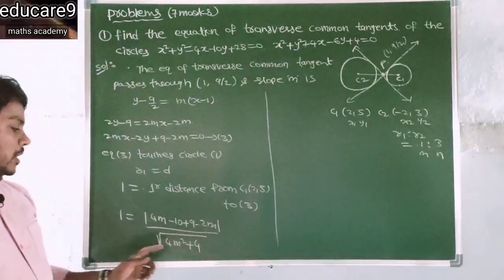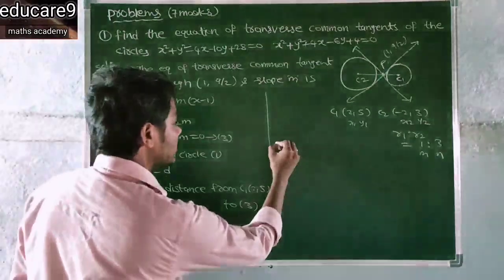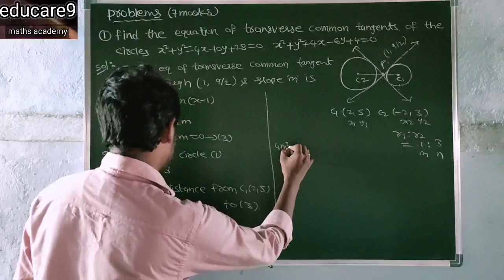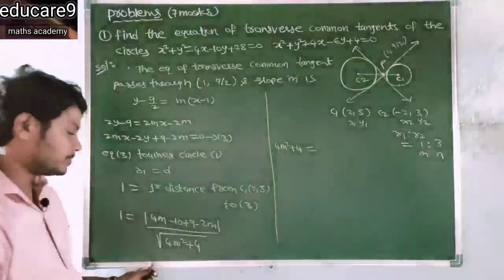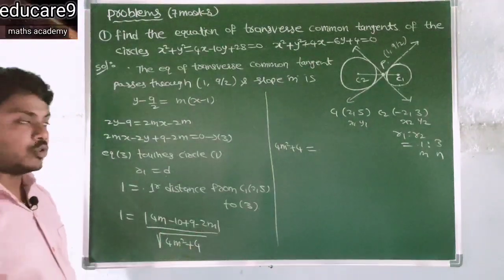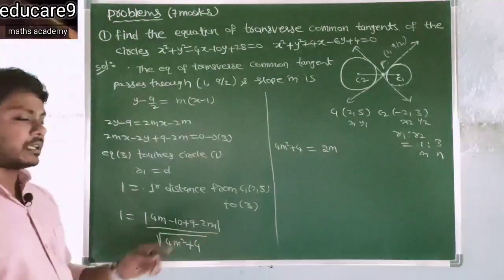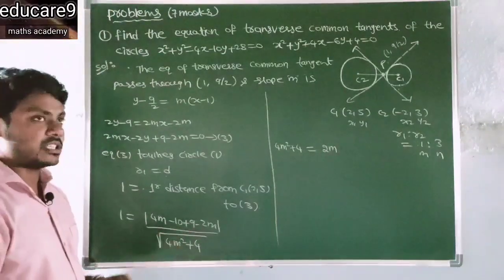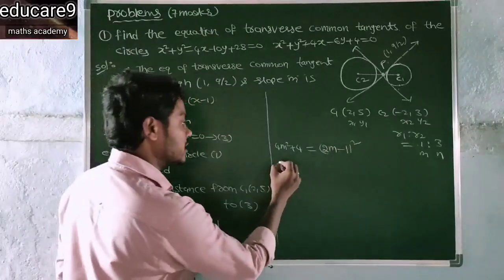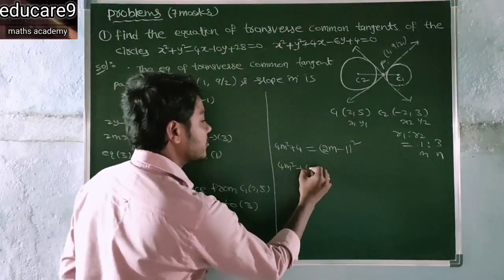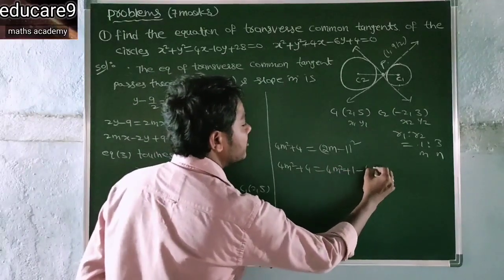So now cross multiplication, and squaring on both sides, what you get is 4m square plus 4 is equal to what? 4m minus 2m, that is 2m. Next minus 10 plus 9, that is minus 1, whole square. So this is 4m square plus 4 is equal to 4m square plus 1 minus 4m.